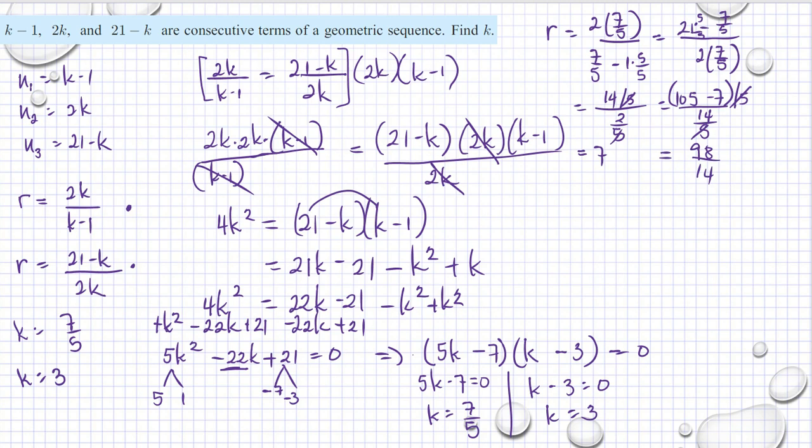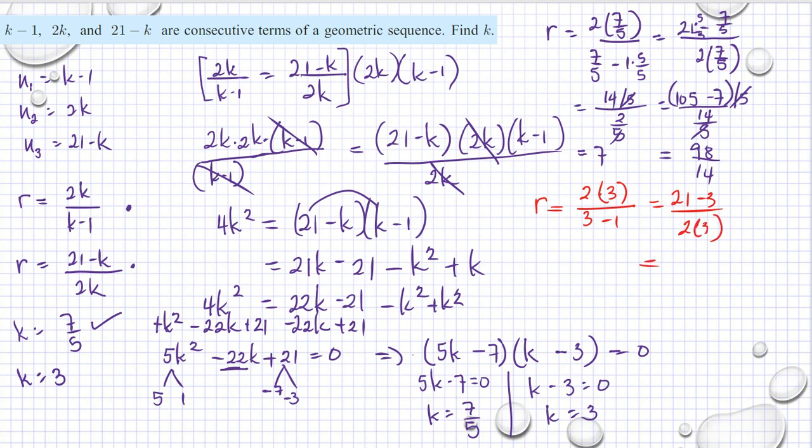It's okay. The other one, maybe I need to use another pen here. We have r is equal to 2k, that is 2 times 3 divided by 3 minus 1. That should be equal to 21 minus 3 divided by 2 times 3.